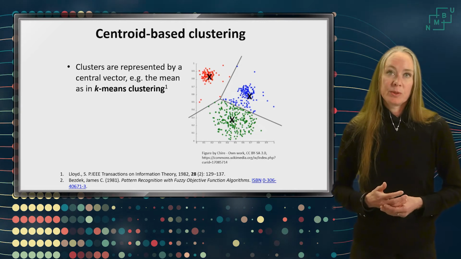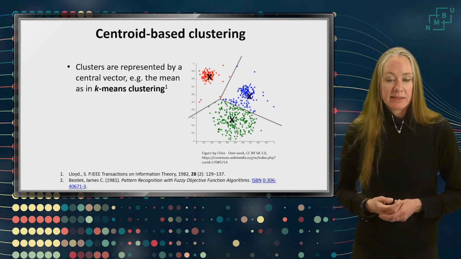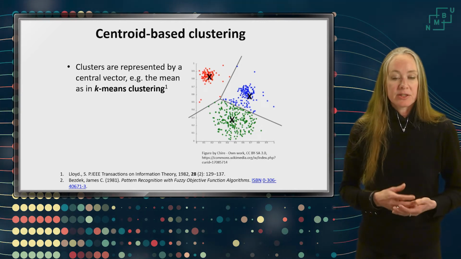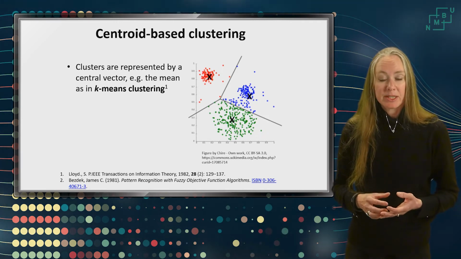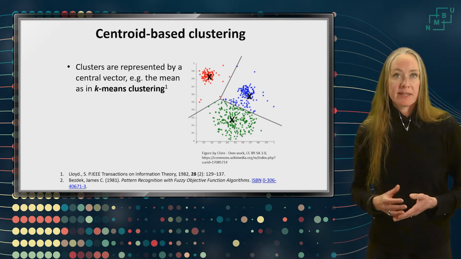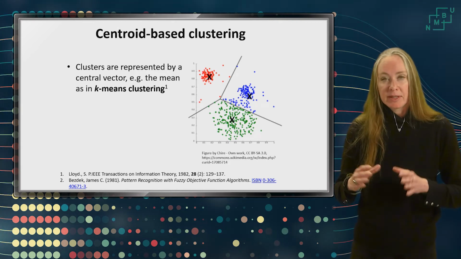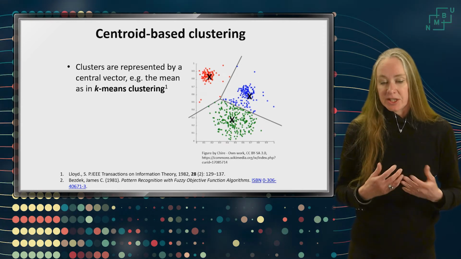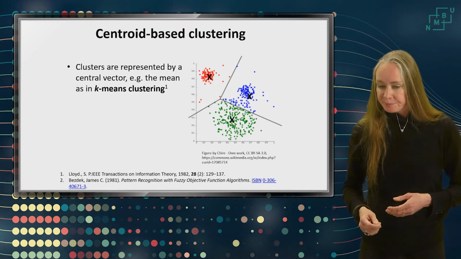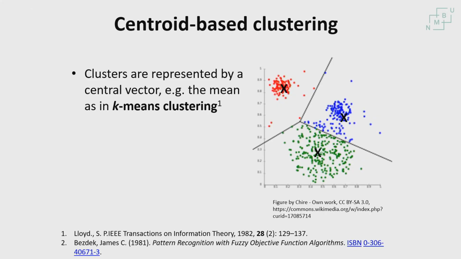Another commonly used clustering method is centroid-based clustering. And here clusters are represented by a central vector, or a centroid, which we also call it, which can, for example, be the mean of the variables within each cluster, such as in k-means clustering. And if you look at this figure to the right, we see these centroids or cluster centers as crosses.